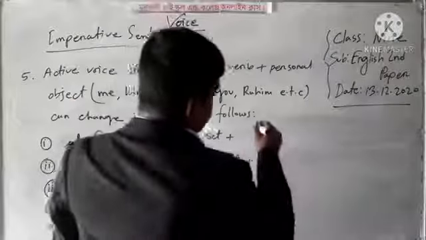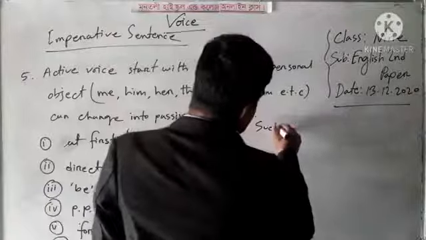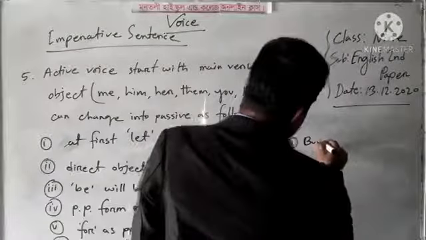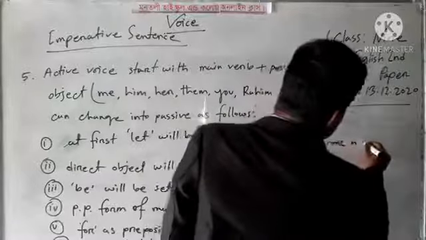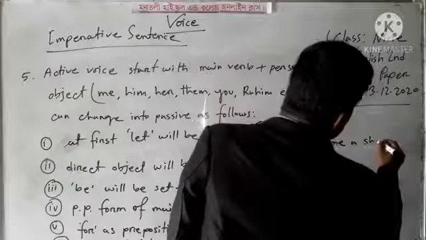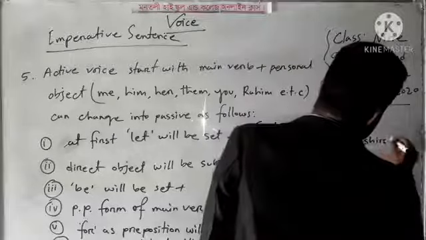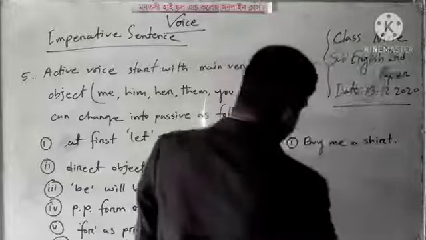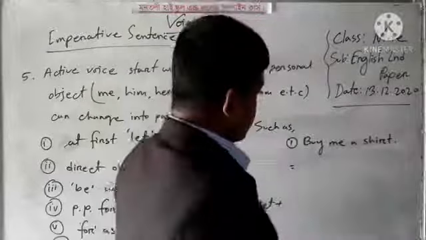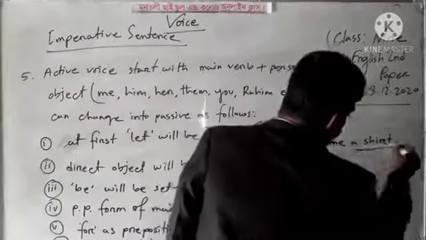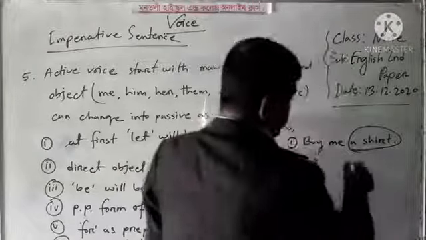Such as I can write here, buy me a shirt. So how can I change it? At first I have to write let and the direct object. It is actually the direct object.